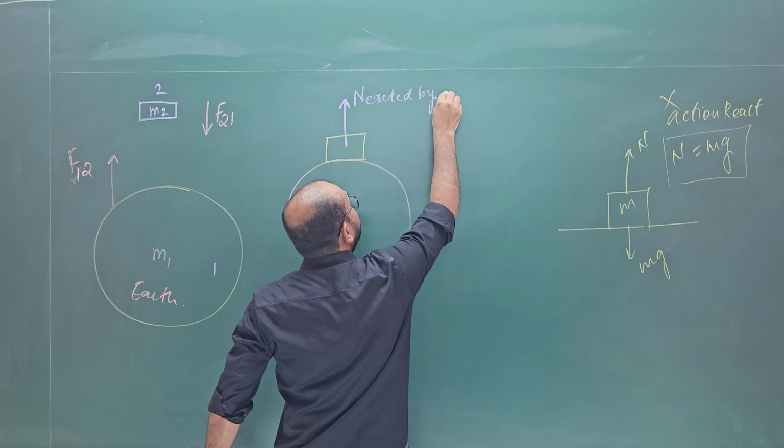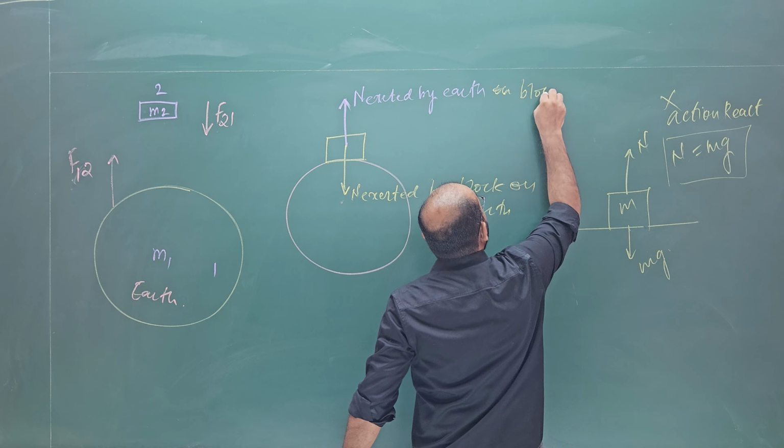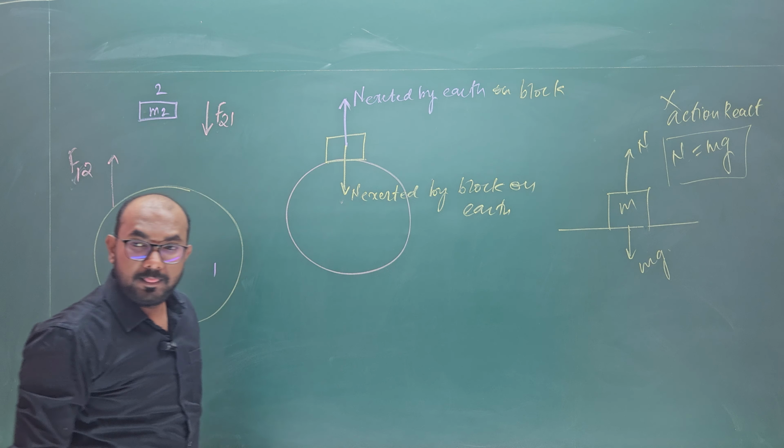Similarly, can I also say that this block will try to press the earth in the downward direction? Whose direction is this? Normal exerted by block on earth. Can I say that? Yes or no?